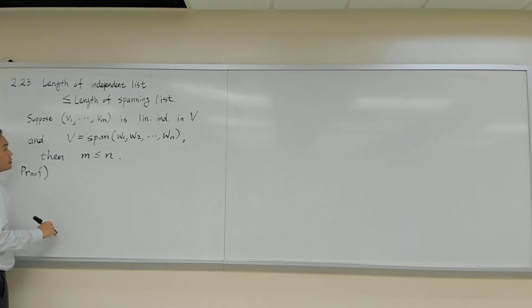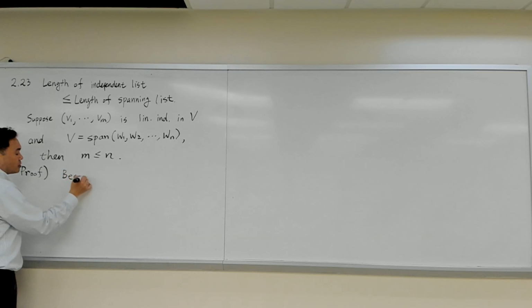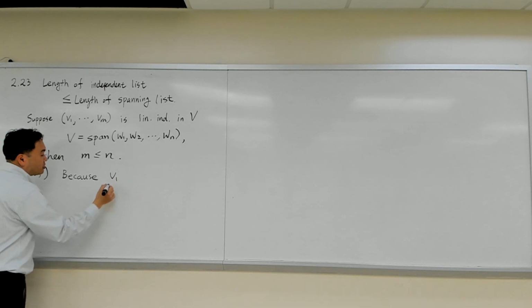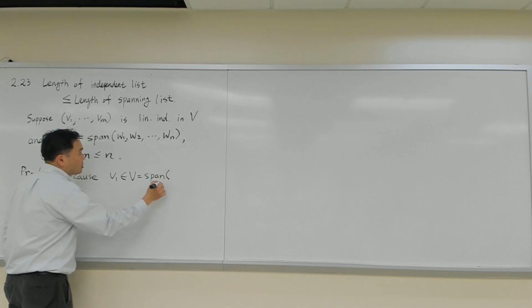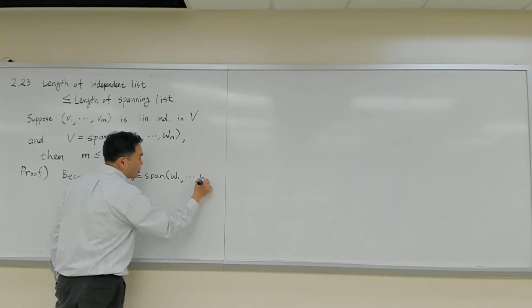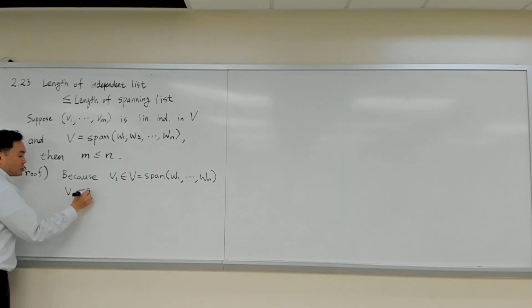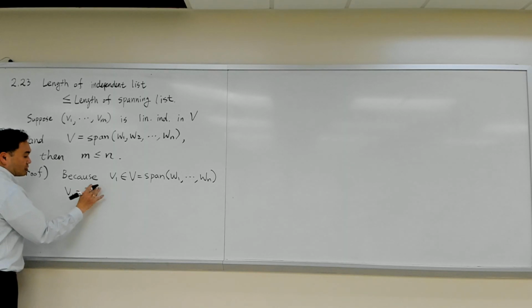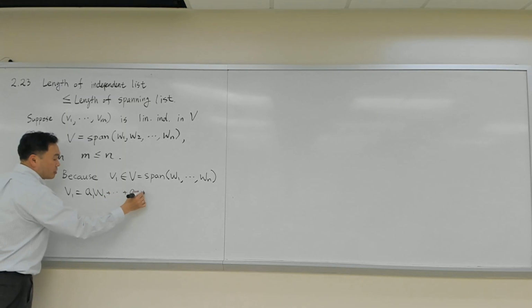Because V1 is in V, which is the span of W1 through Wn, that means V1 is some linear combination of the W's.